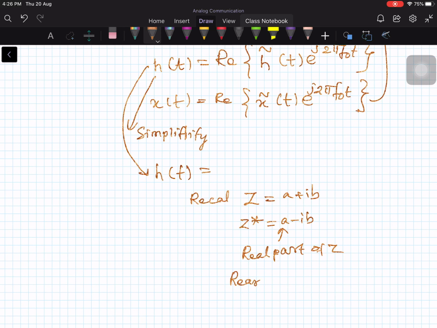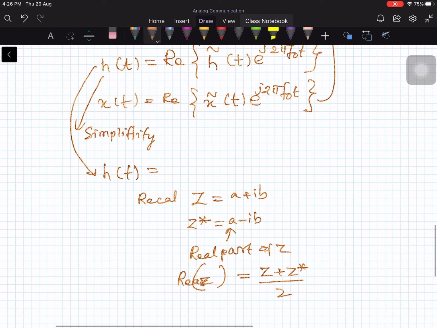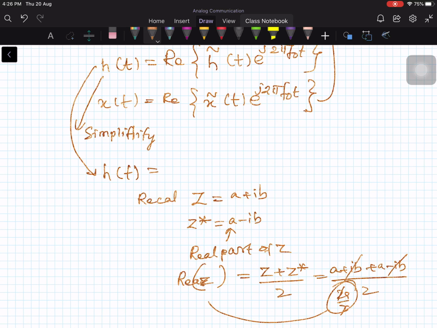Real part of z is z plus z complex conjugate by 2, isn't it? So z is a plus ib plus a minus ib, whole divided by 2. The ib terms will get cancelled. Then 2a by 2, the 2 will get cancelled, and a is nothing but the real part of z.